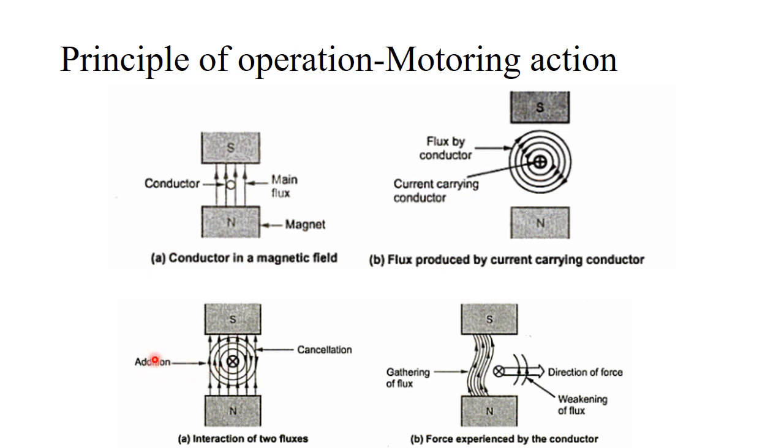On the right hand side, both directions are opposite, so there will be a cancellation effect. Because of that, you can see the direction of force. Here the potential will be higher, and here the potential is lower. So there will be a force from a strong flux to a weak flux. That is the principle of operation of a DC motor.